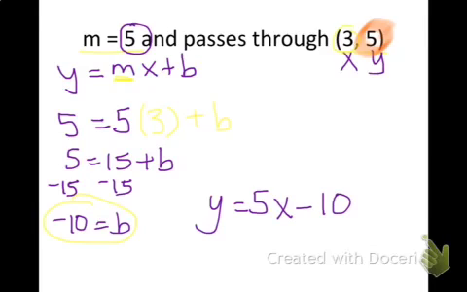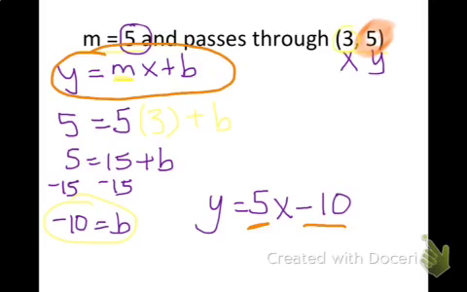So all we did was plug in the necessary information for the slope-intercept form. And now we have y is equal to 5x minus 10. So we already had the 5, which is our slope. All we had to find out now was our y-intercept, which we know is negative 10. It's very important to mention the sign.